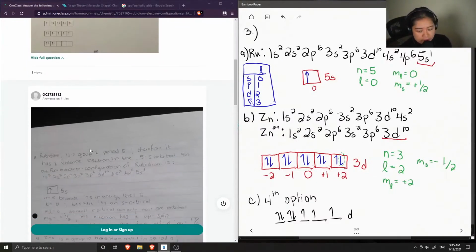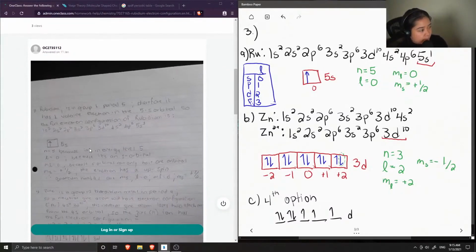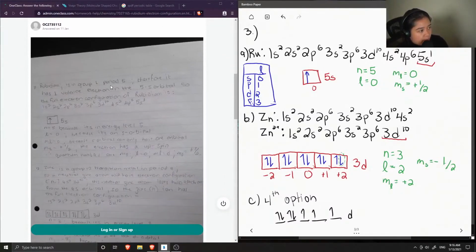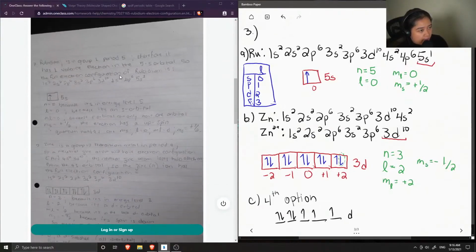So now let's see what the junior tutor said. Rubidium is in group 1, period 5, therefore it has one valence electron in the 5s orbital. So the full electron configuration of rubidium is the following. Yep, so that's correct.